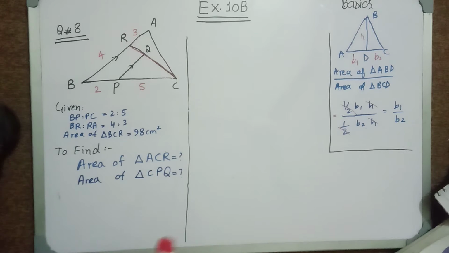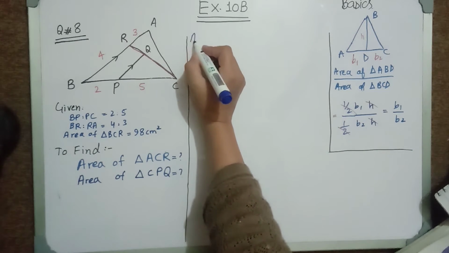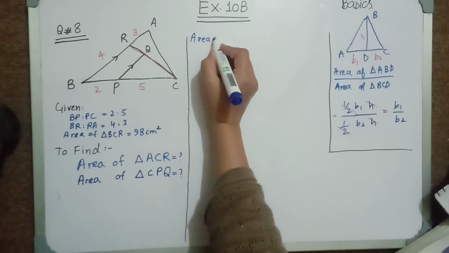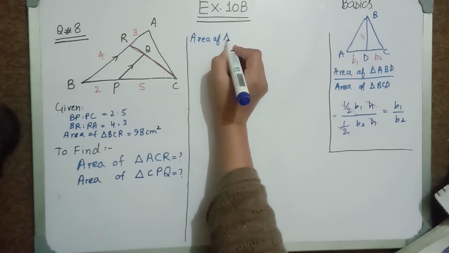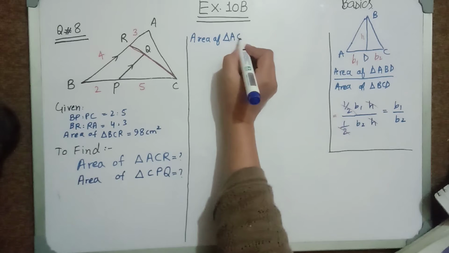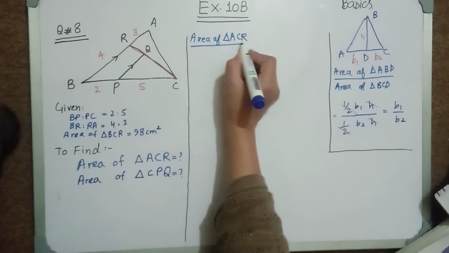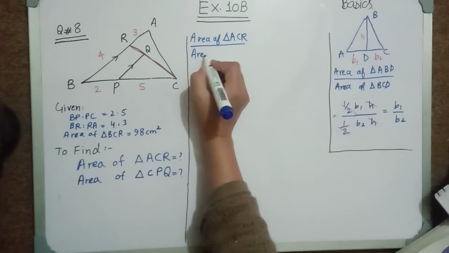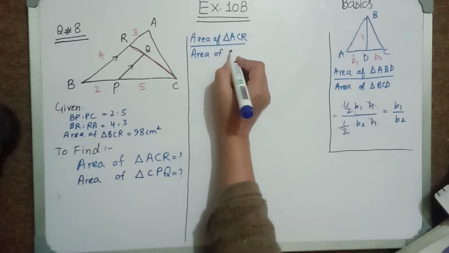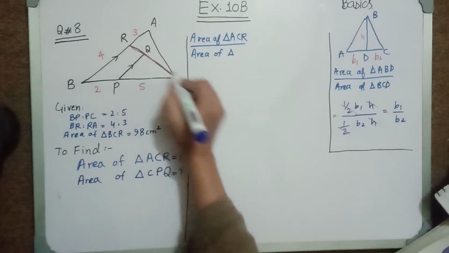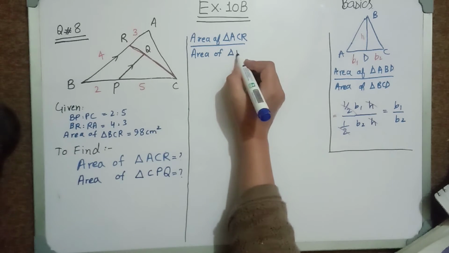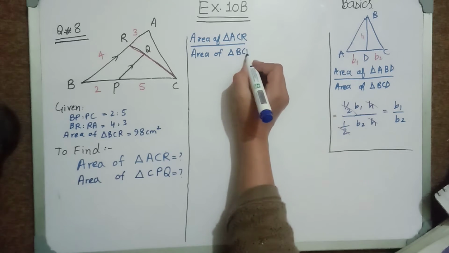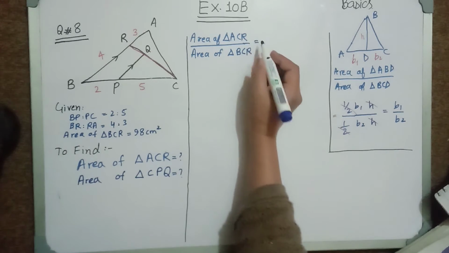So I can write that area of triangle ACR over area of triangle BCR or RCB is equal to what?